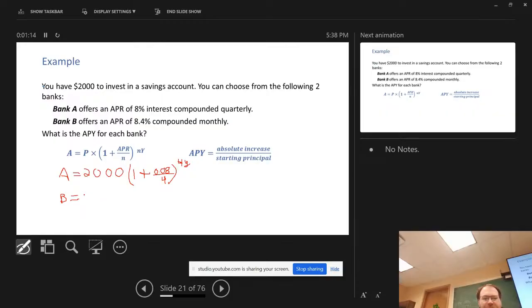So then Bank B, same type of thing: 2,000 times 1 plus 0.084 over 12 this time, raised to the 12 times y power.